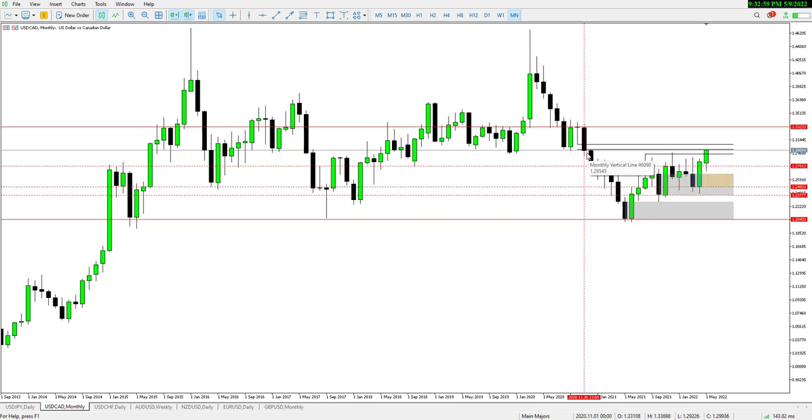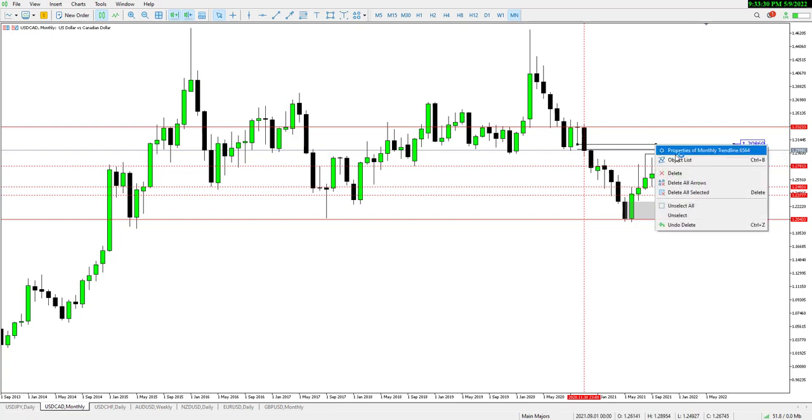Now, the other thing you need to understand when you're doing your 60-day look back is that the monthly PDRA matrix is important in determining your targets. So we can practically say right now, the draw on liquidity, your target on longs on USDCAD, is the low on this candle here.